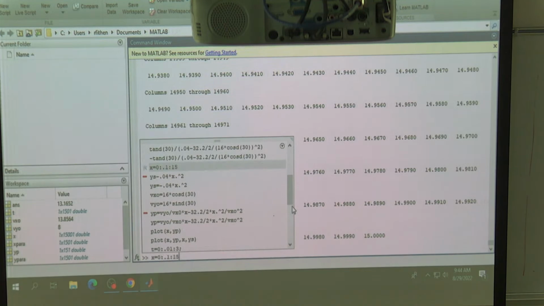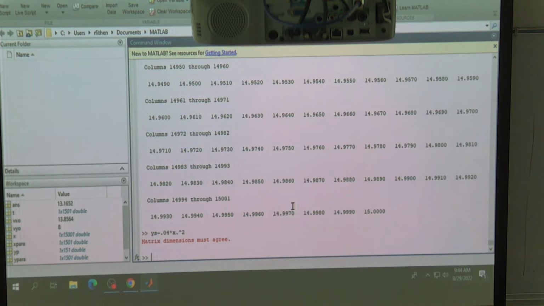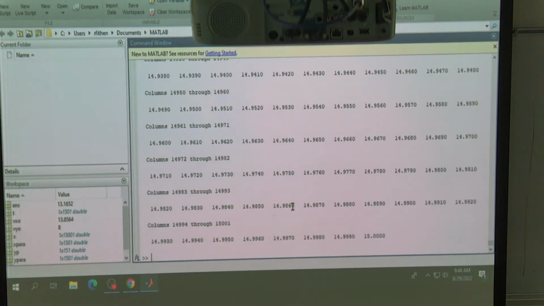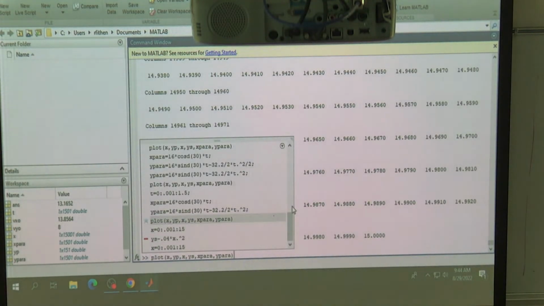Didn't I do my x? There's my x. I need to do my y surfaces, which probably wouldn't make that much of a difference. I did my x, right? Now I'm going to go back and do the y surface.